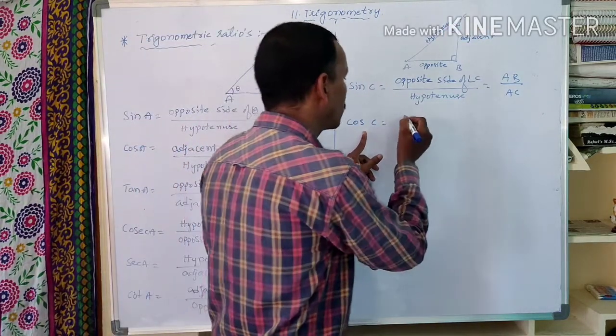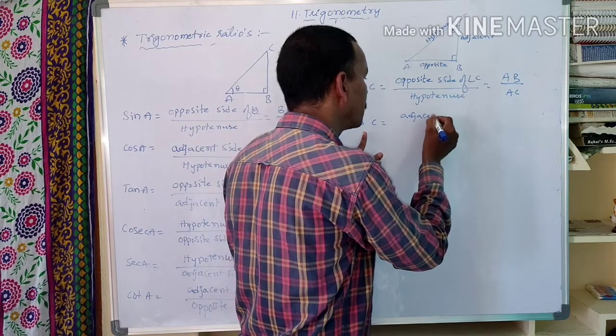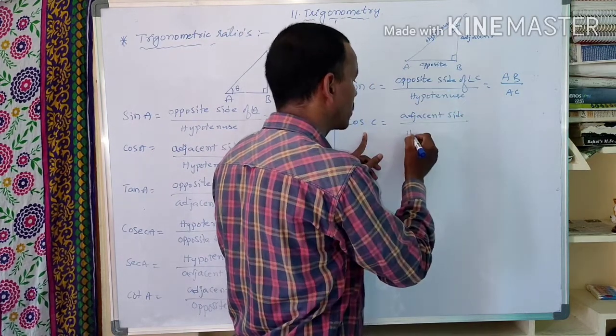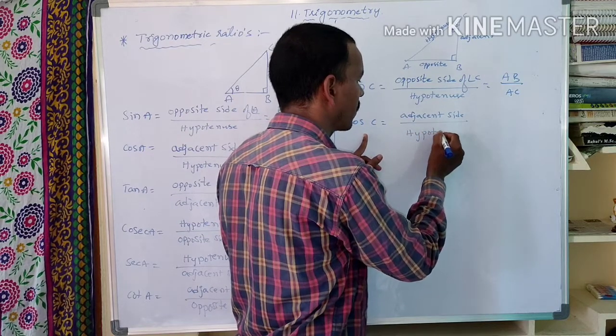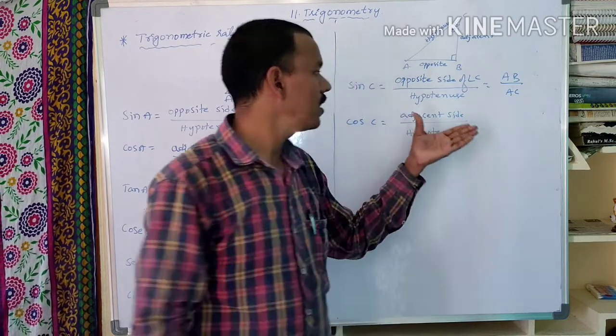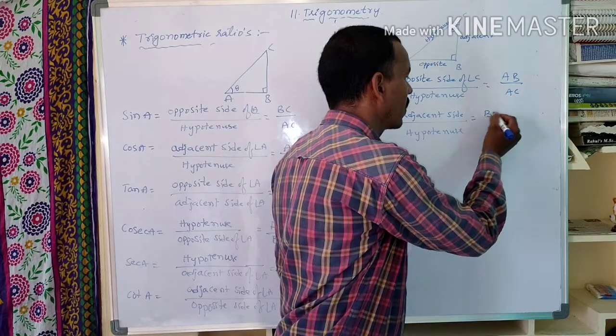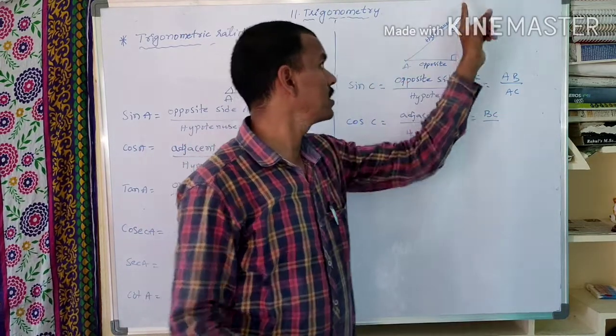So cos C is equal to the adjacent side by the hypotenuse: BC by AC.